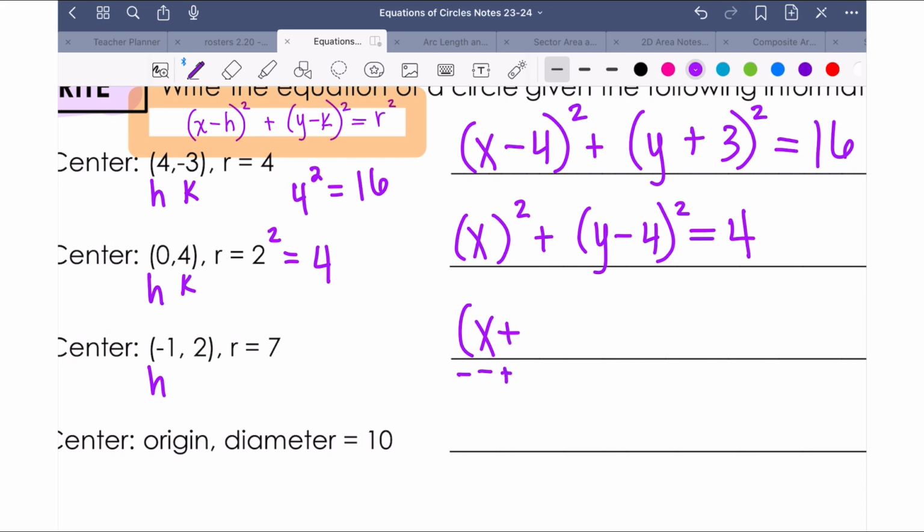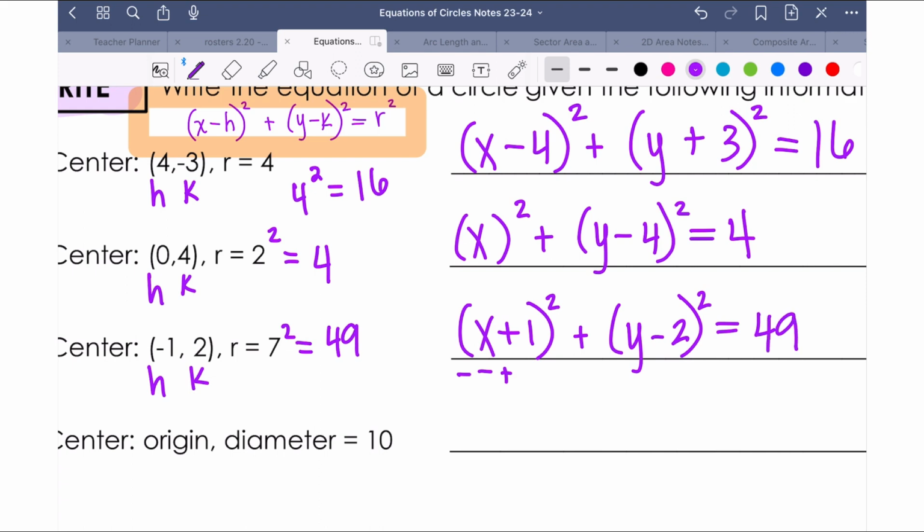So plus 1, squared, plus y, and then your k is 2, minus 2, close it, squared, equals my radius squared. 7 squared equals 7 times 7, 49. Okay.